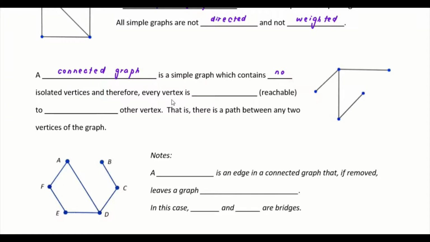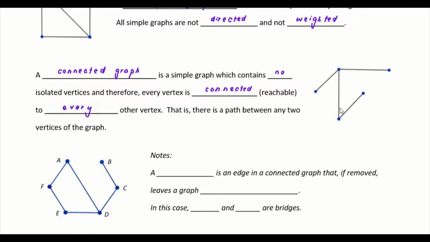Connected means every vertex is connected, or in our daily usage, every vertex is reachable from every other vertex. No matter which vertex you start from, you'll be able to reach the other vertices.